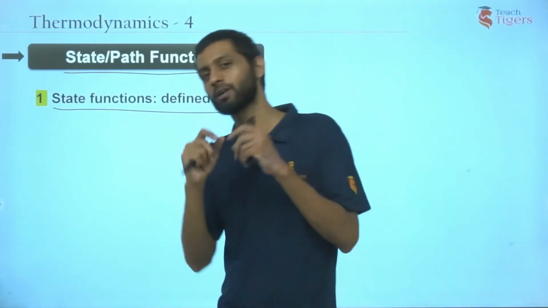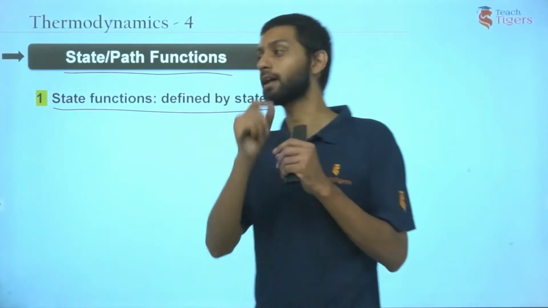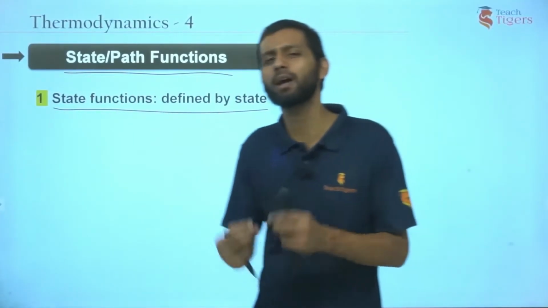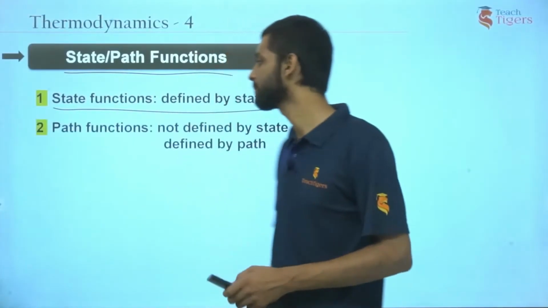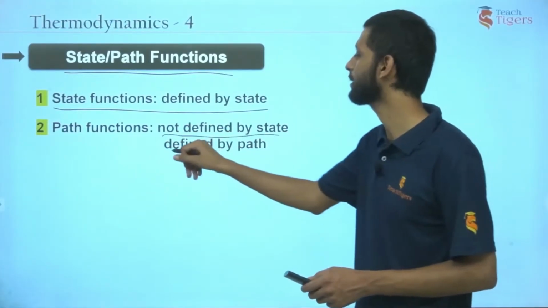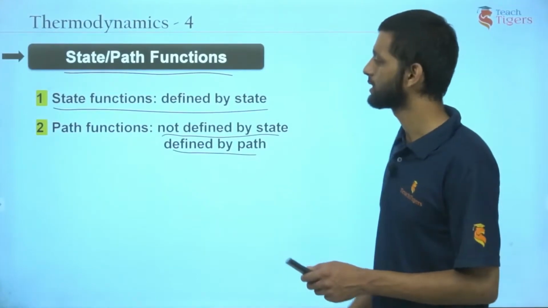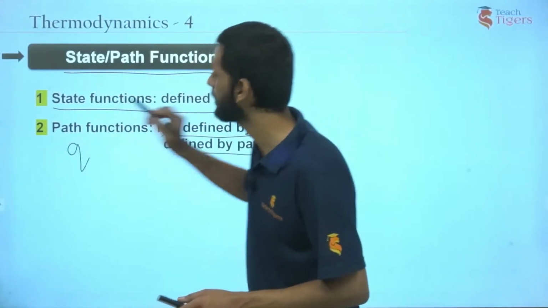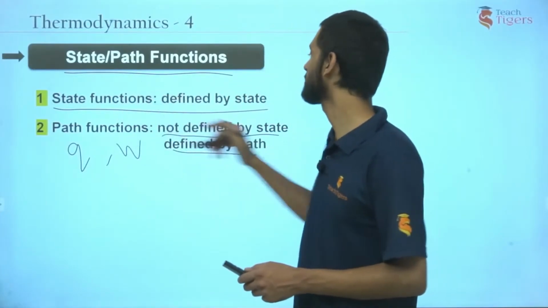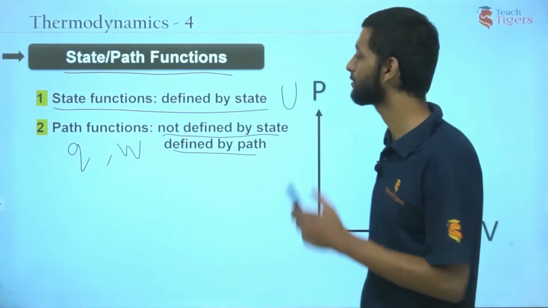If I take a snapshot of my system, I can answer every question related to state functions because they're only defined by what state the system is in. Path functions, on the other hand, are not defined by the state, they're defined by the path. Just like we talked about heat. Heat is a path function, work is a path function, internal energy is a state function.